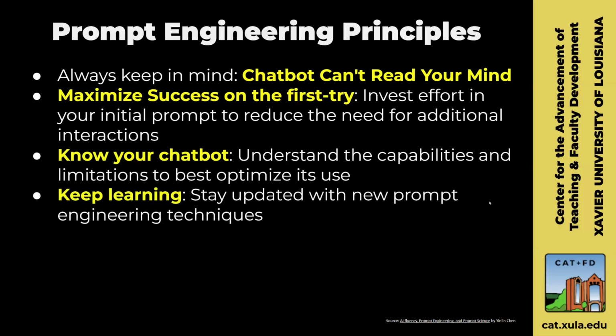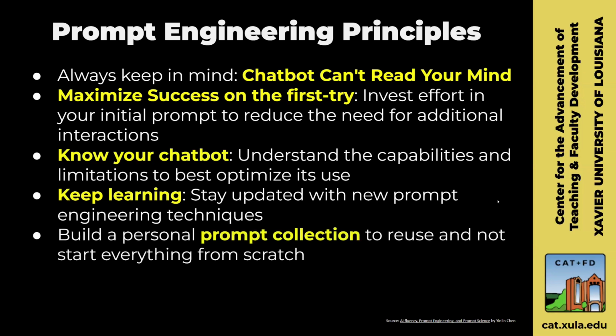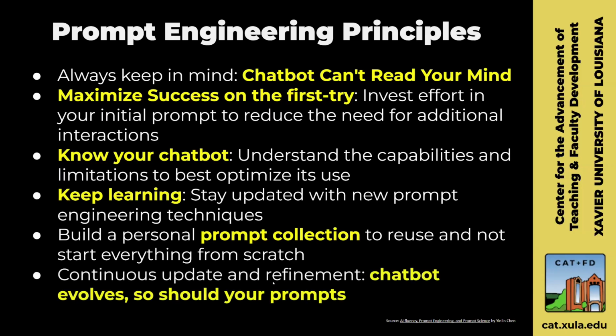Stay up to date with new prompt engineering techniques. And build a prompt collection. So if you have a prompt collection, you can always go to that, modify it, and use it for your prompts. And as the chatbots evolve, so should your prompts.